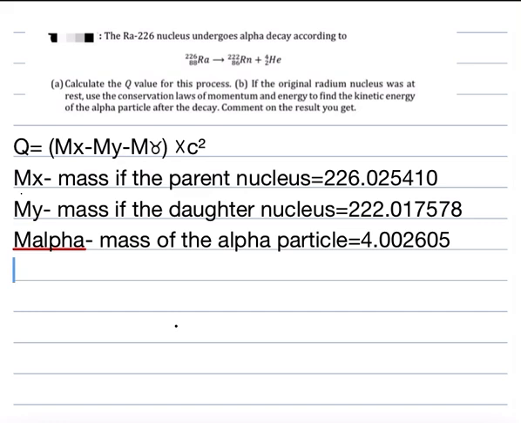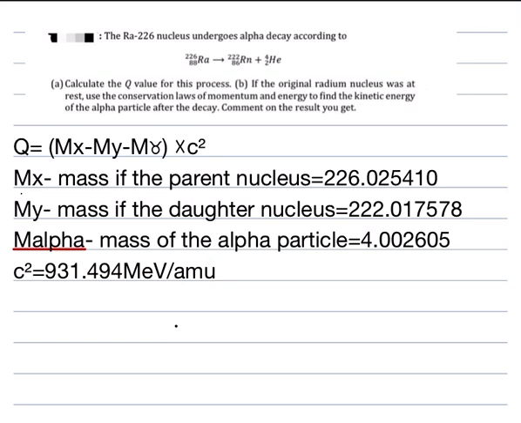Then our c squared is given the value of 931.494 mega electron volts per atomic mass unit.